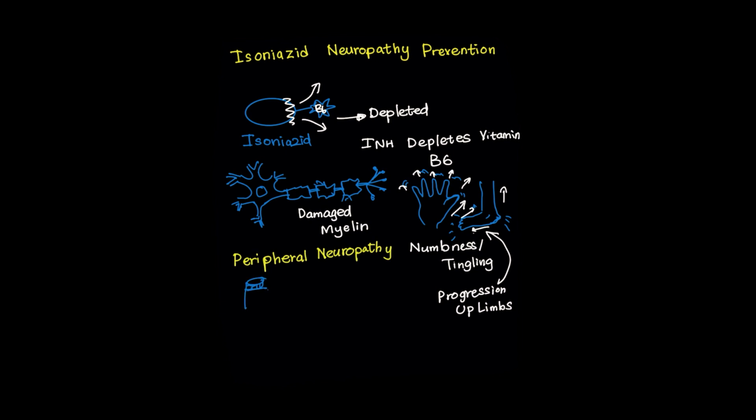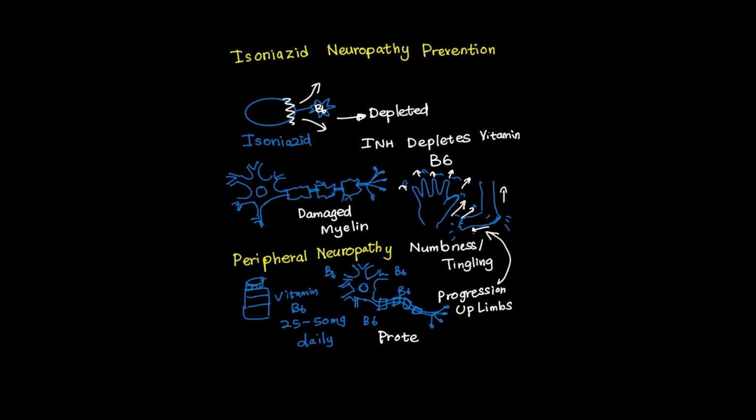Daily supplementation with 25 to 50 milligrams of pyridoxine prevents this entirely by providing excess B6 to overcome the drug's interference. Vitamins C, D and K don't affect nerve function or prevent isoniazid-induced neuropathy. This is why B6 is routinely prescribed with isoniazid from day one of treatment.